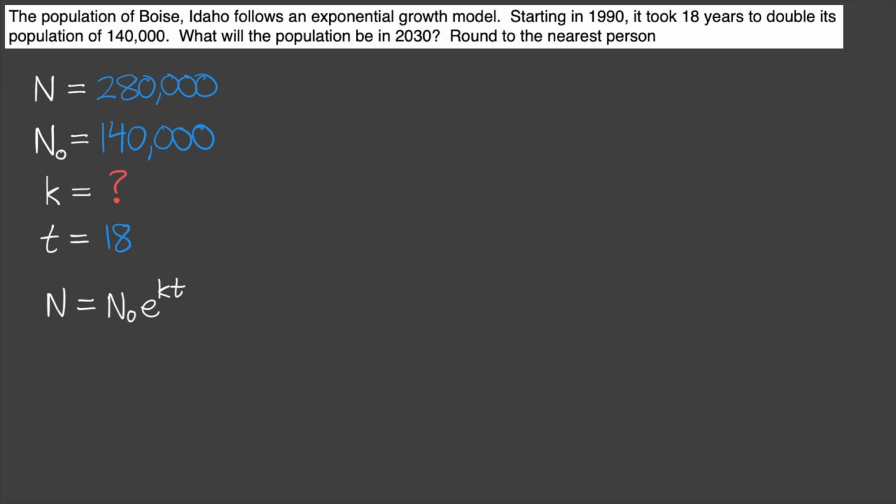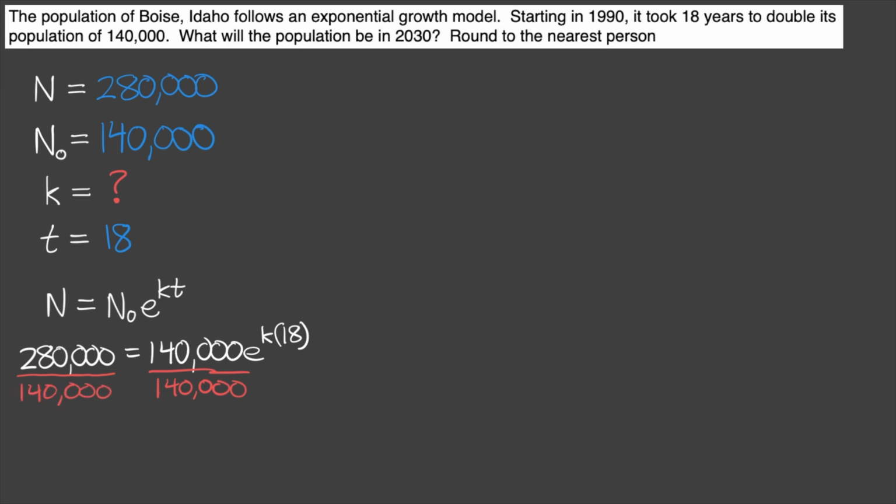So N is 280,000, and then equals N naught, which is 140,000, times e to the k, which we don't know, times t, which is 18. First step, we're going to divide by 140,000. On the right side, the 140,000s cancel. We get 2 equals e to the 18k.